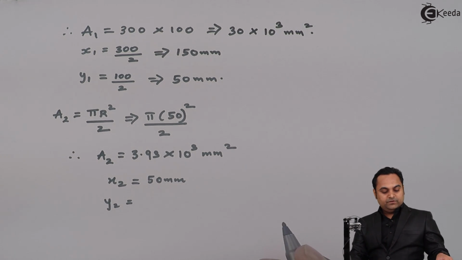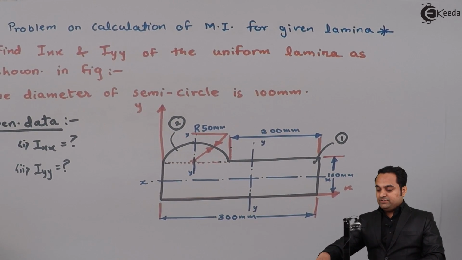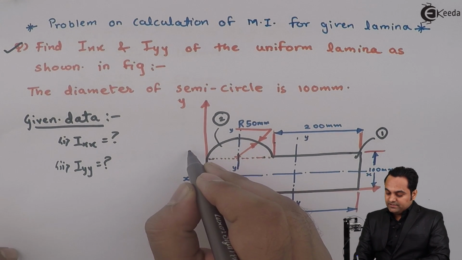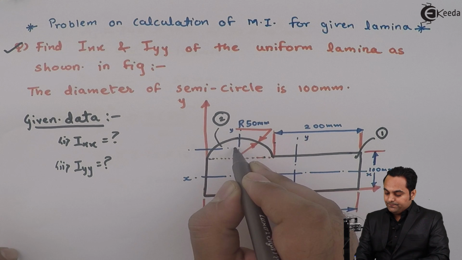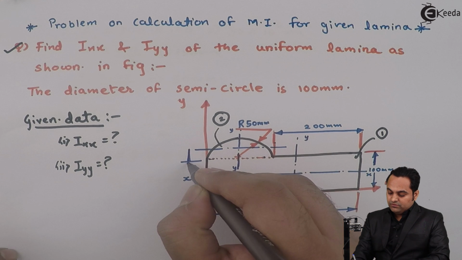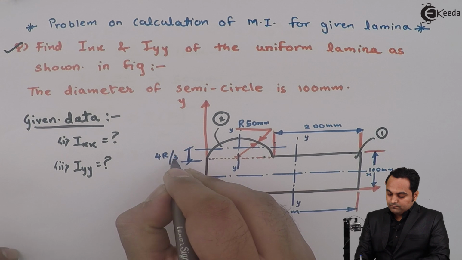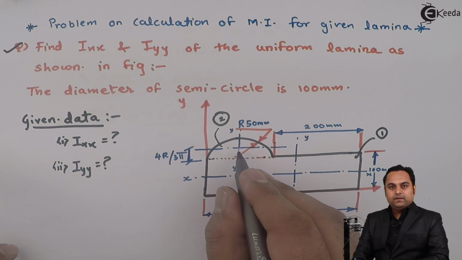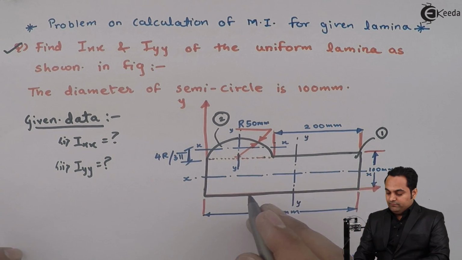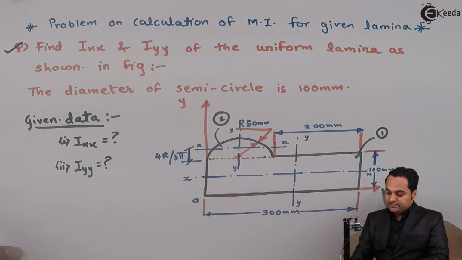y2 is equal to, now y2 is the location of x-axis for the semicircle. Now if we have a semicircular portion, its x-axis is located at distance 4r upon 3 pi from the rectangle. And now this is the x-axis for the semicircle. We want to find this location of x-axis with respect to the x-axis here.